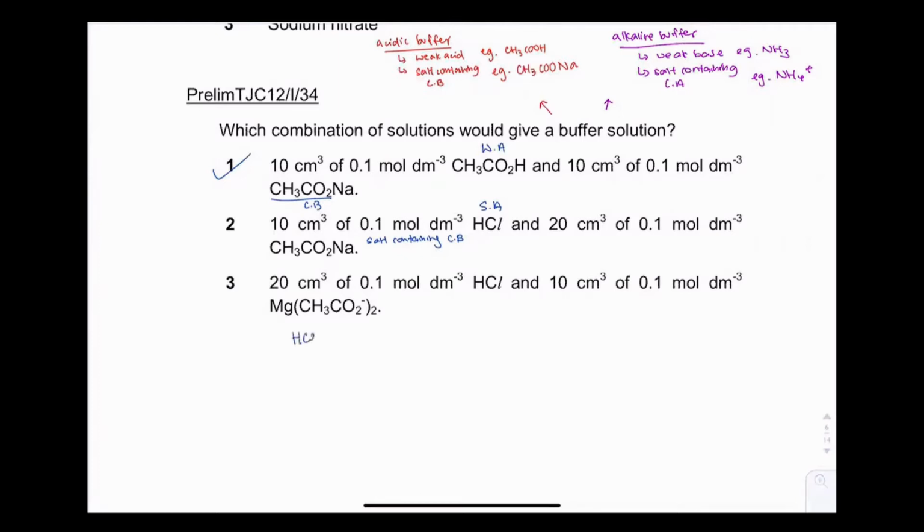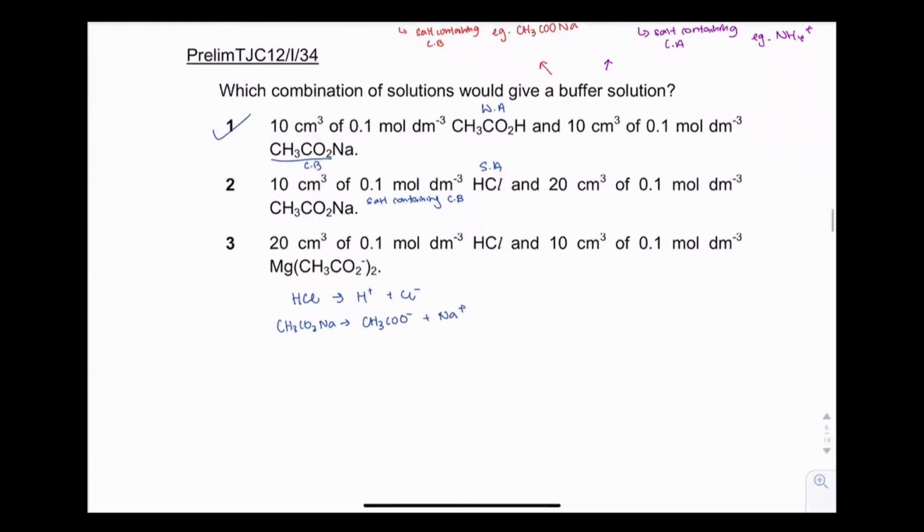So let's take a look. HCl dissociates fully because it's a strong acid, to give you H+ and Cl-. And your salt, CH3CO2Na, also dissociates fully to give you CH3COO- plus Na+.